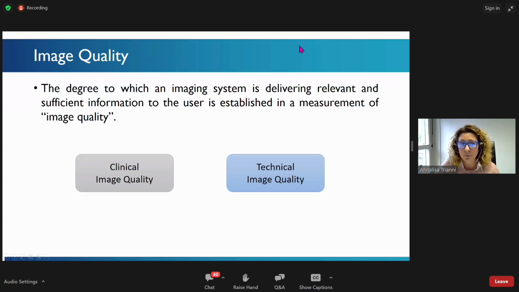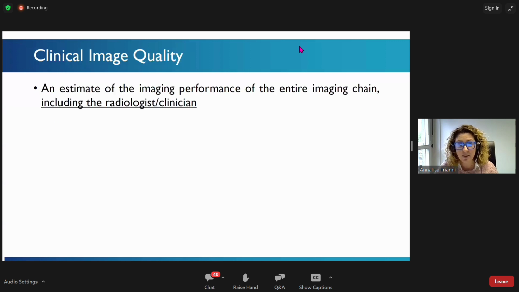We can define image quality in two flavors: clinical image quality, which is actually the goal of setting up a good equipment, and technical image quality on the other side, which is what we can estimate as medical physicists. So clinical image quality is an estimate of the imaging performance for the entire imaging chain, where this entire imaging chain includes the radiologist. So it's really what the radiologist says.